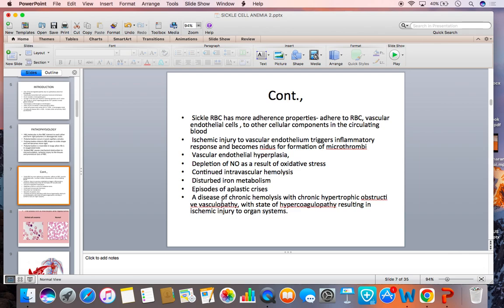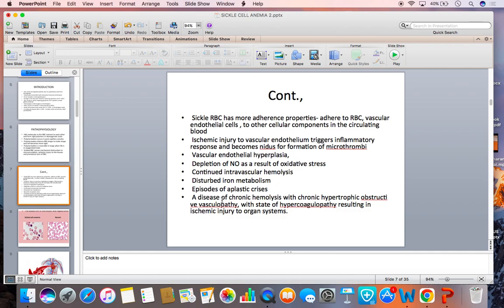As this is going on, there is depletion of nitric oxide as a result of oxidative stress, continued intravascular hemolysis, disturbed iron metabolism, and episodes of aplastic crisis.